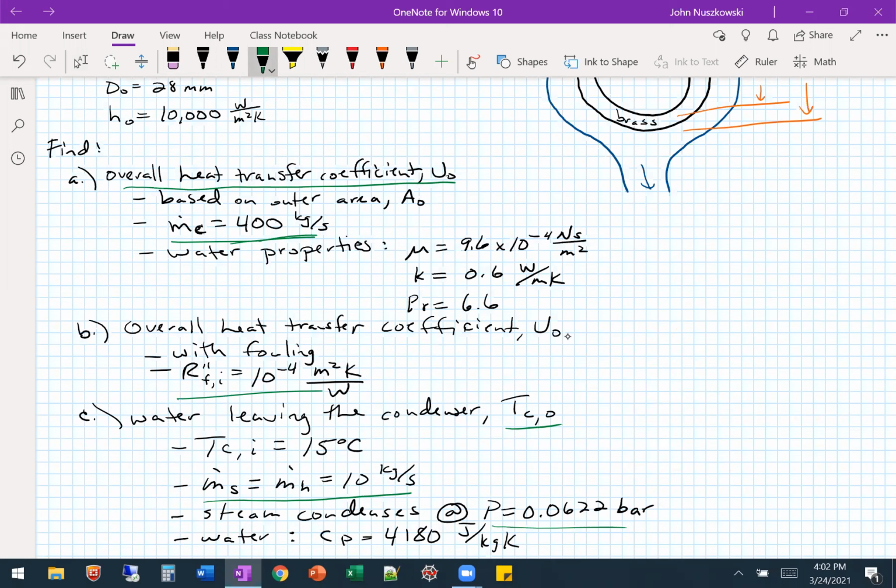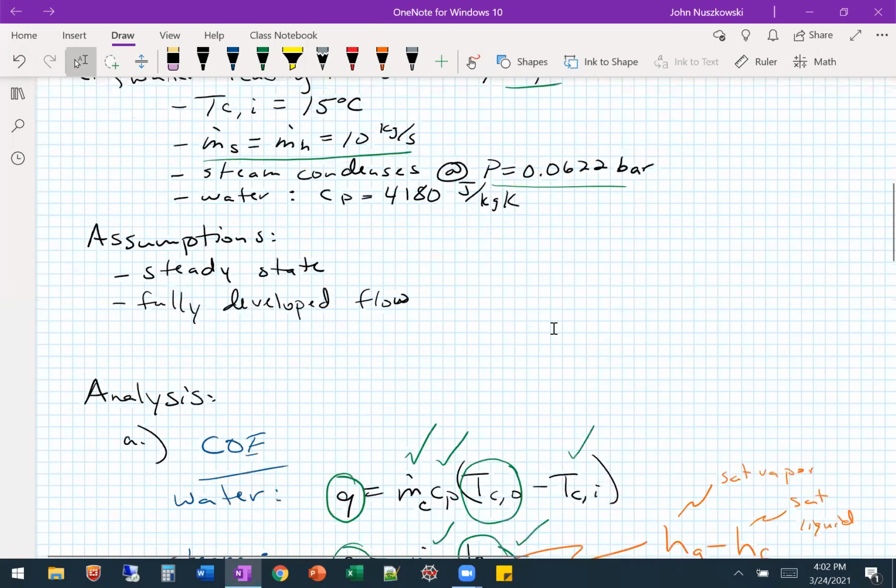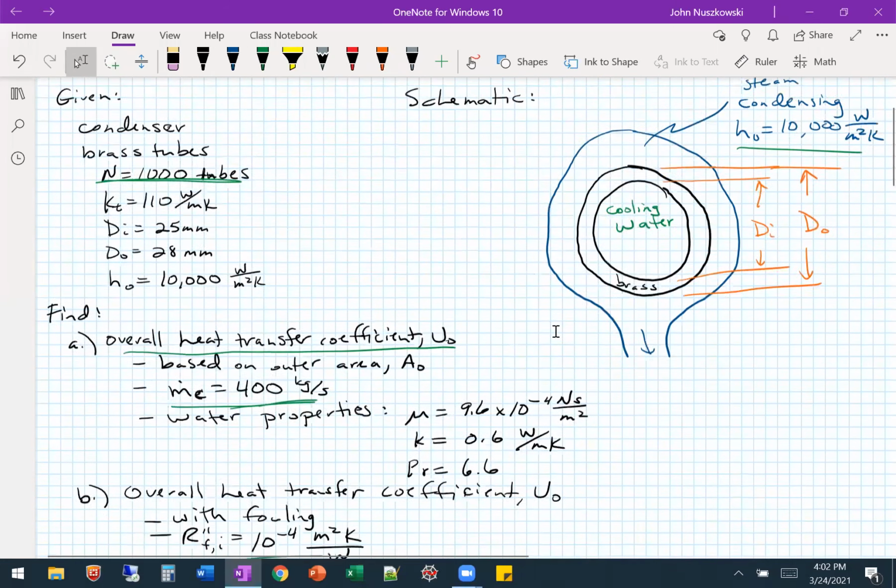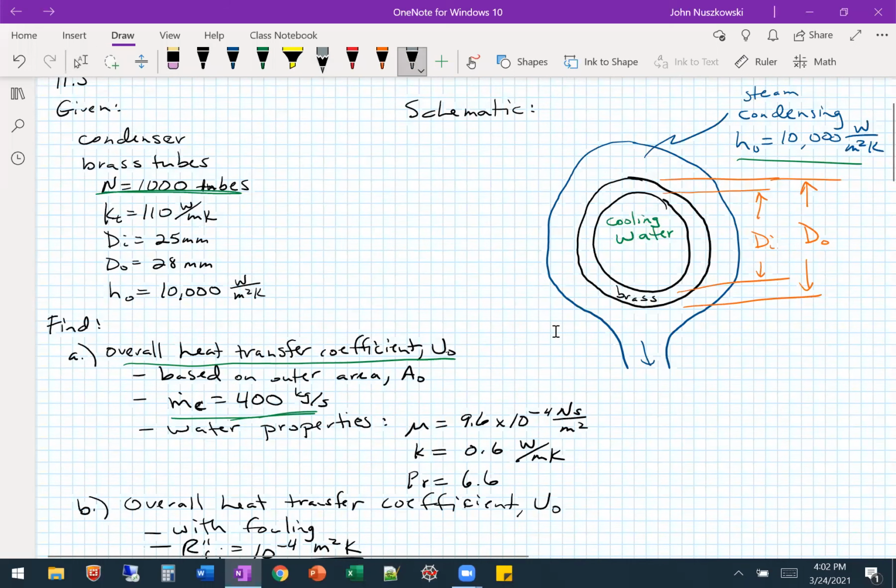So what do we do for that? We use the thermal circuit. Yeah, if we think of our schematic now with this fouling, it's just going to have this layer here on the inner surface. So now we have that extra resistance of heat transfer from the cooling water to the steam.